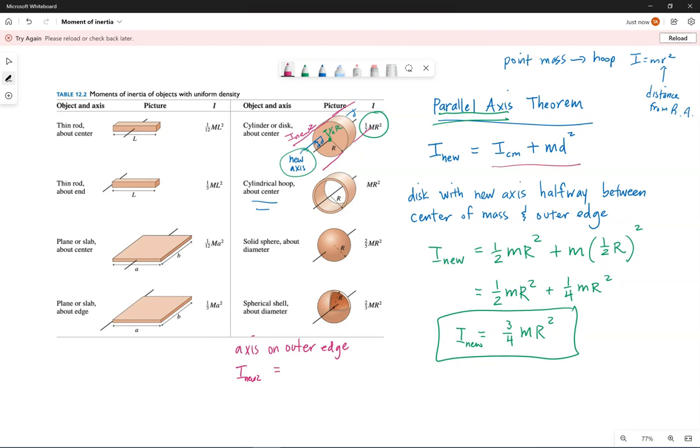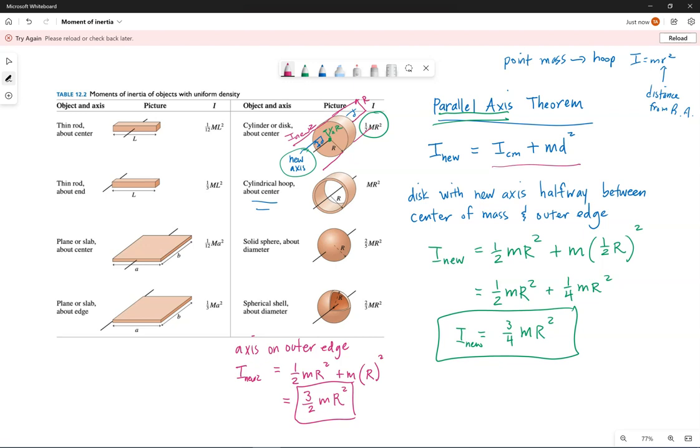Same equation, so I would still want 1/2 mr squared for the I through the center of mass. The difference here is that from the center all the way to the outer edge, we have shifted this a distance of r. So D is bigger now. This new axis is farther from the center. So we would actually end up with 3/2 mr squared if this disk was rotating around its outer edge.